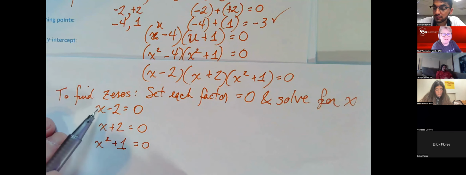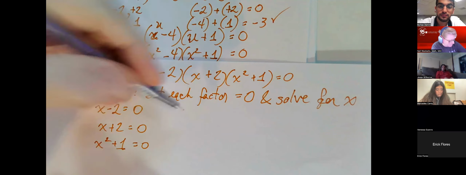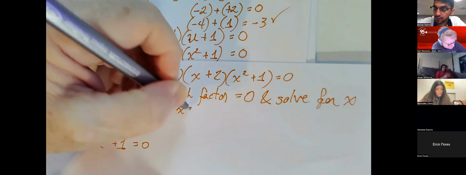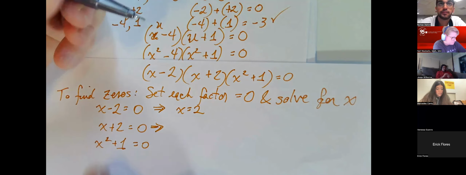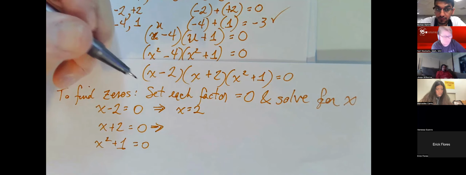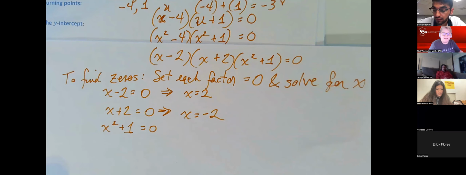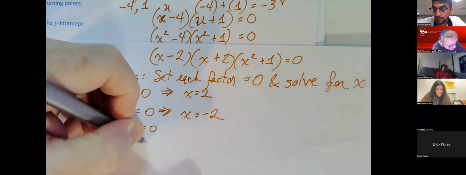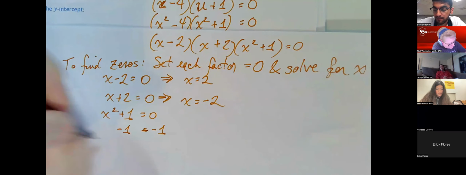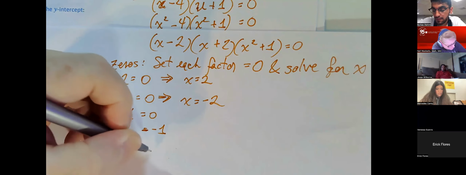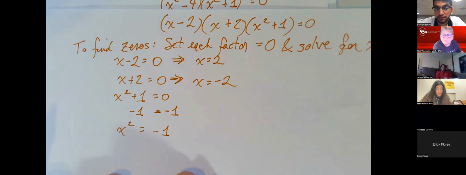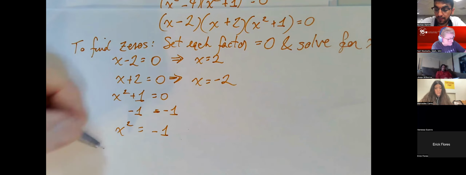What do we get if we solve for x when x minus 2 equals 0? Positive 2. And x plus 2 equals 0 gives us negative 2. Let's investigate x squared plus 1 equals 0. To solve for x, we subtract 1 from each side. We get x squared equals negative 1. To get x, we need to take the square root of both sides.